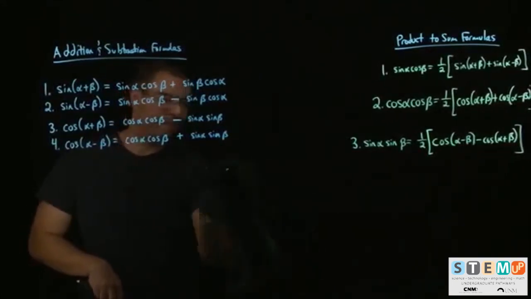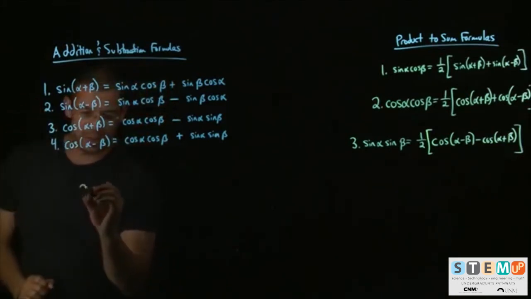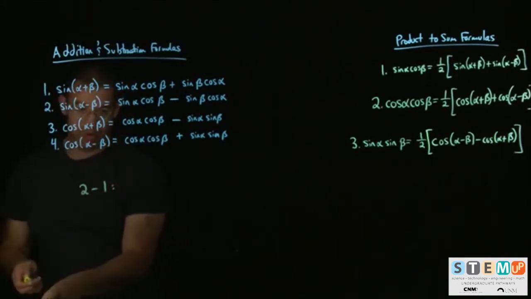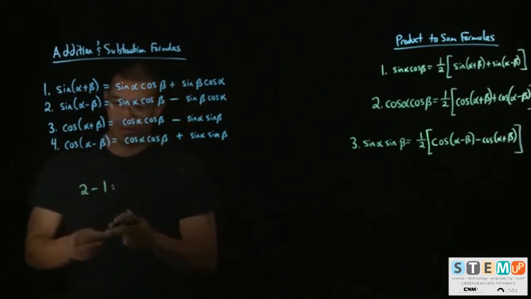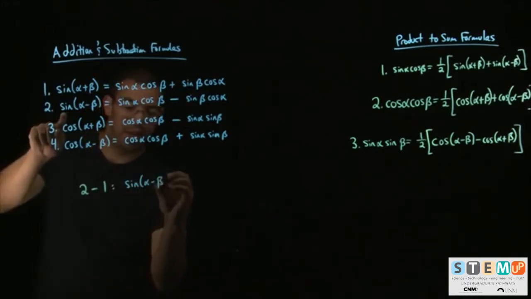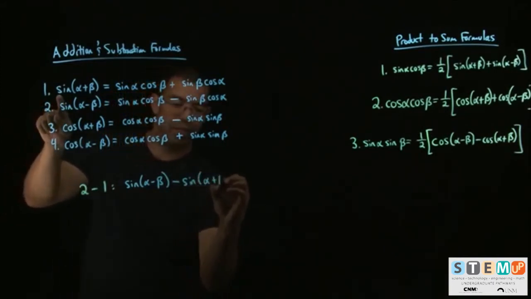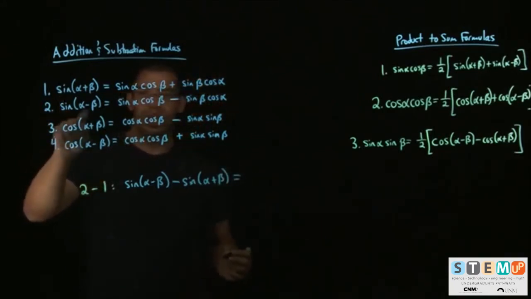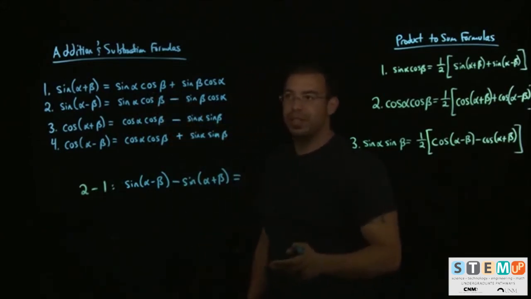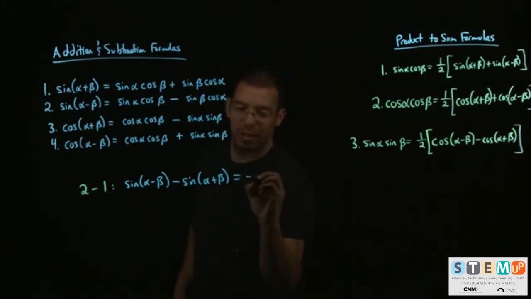All right, so I said equation 2 minus equation 1. And what am I going to have then? I'll have equation 2, sine alpha minus beta minus sine alpha plus beta is equal to, and now I have sine alpha cosine beta minus the same thing, so those cancel. Negative sine beta cos alpha minus the same thing, so I have 2 of those.